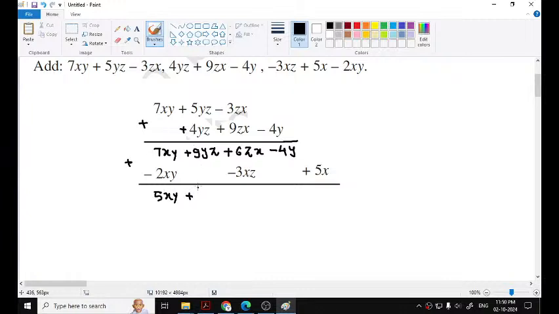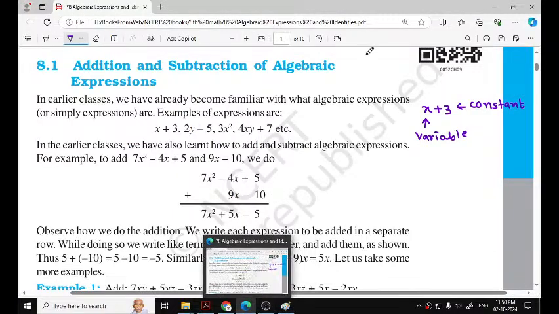Nothing is there to add with 9yz, so that remains as it is. Plus minus, so let us subtract. Positive number is greater, so answer will be positive, and this is 3zx or 3xz. No like terms for minus 4y and plus 5x. So this is how we can add or subtract the algebraic expressions.